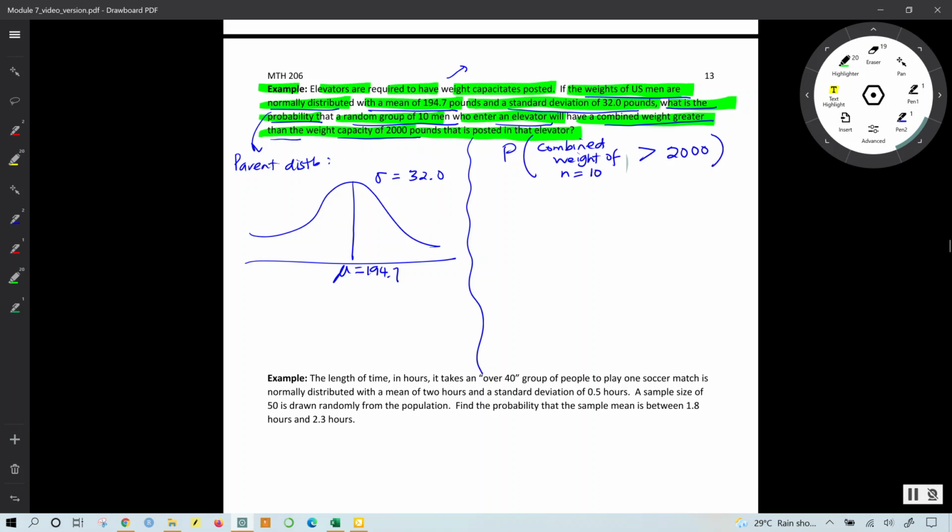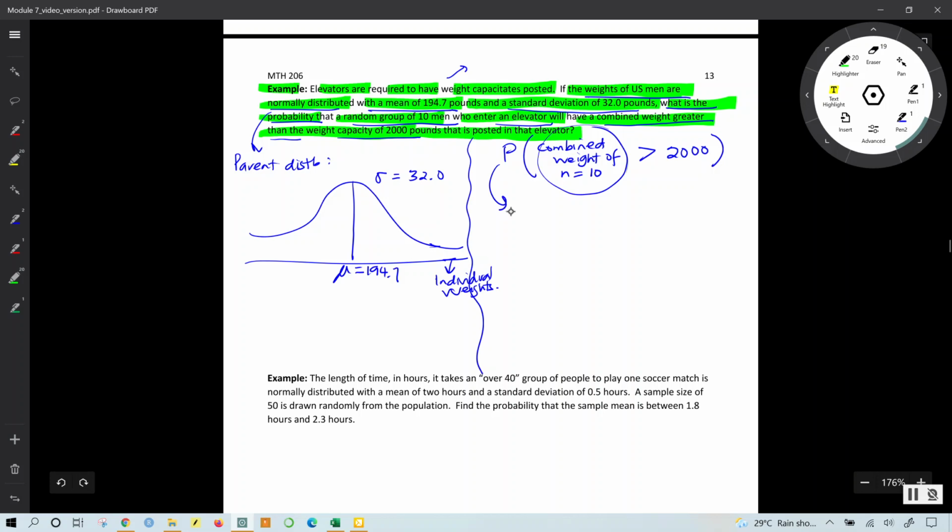Well, in this context, we do not have the distribution of the combined weight. What we have is the distribution of the individual weights of US men in the original parent distribution.